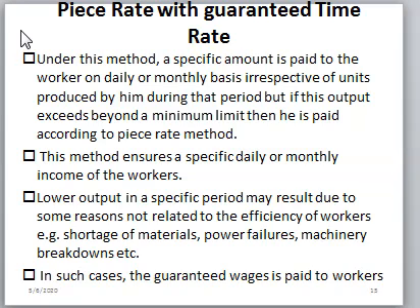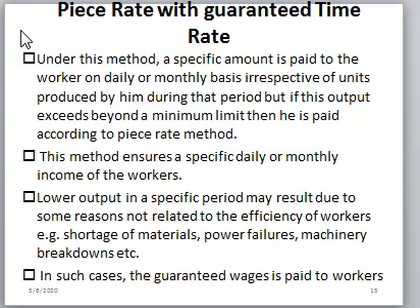What we are talking about here is that an employee is guaranteed a certain wage rate. Whether output is below a given standard, the employee receives that wage rate. But if the output produced is more than the normal, then the employee is going to be paid according to what is produced.